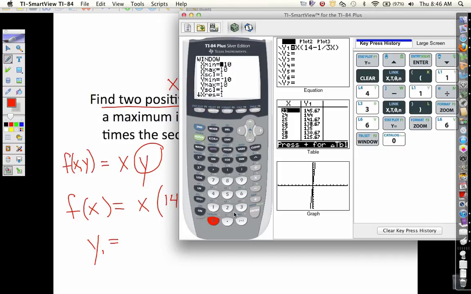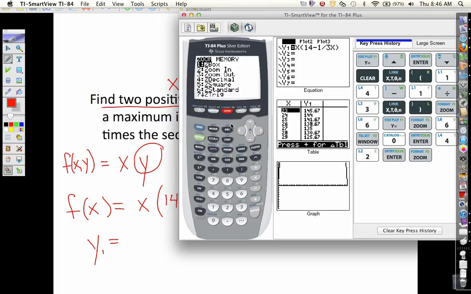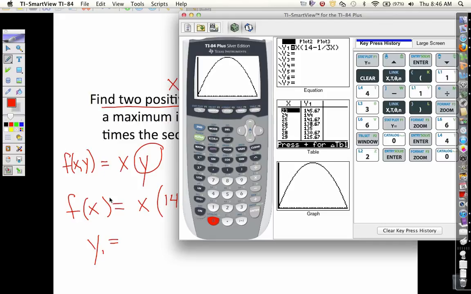So I want to change my window. I know my window has positive values, so I'm going to go from 0, and since the sum is 42, I think if I do 42, I should be able to see everything that I need. And then as always, if you set your domain, if you get your x's set, you can do zoom fit, and hopefully we'll be able to see the quadratic.